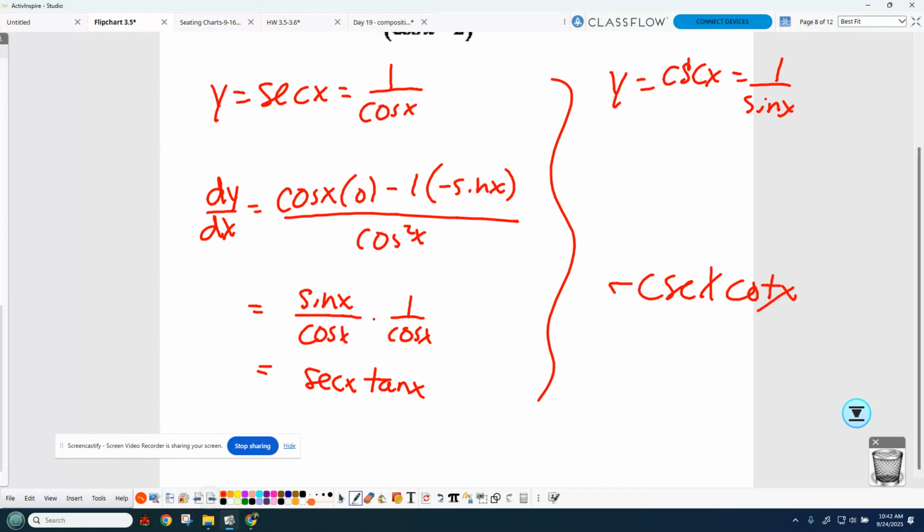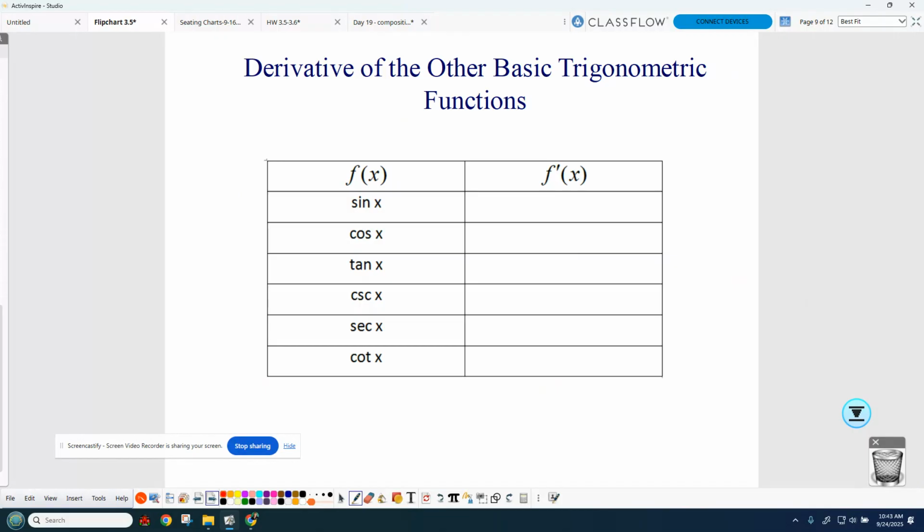Okay. So let's put them together. Derivative of sine, positive cosine. Derivative of cosine, negative sine. Derivative of tangent, secant squared.